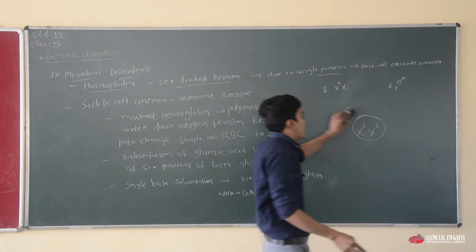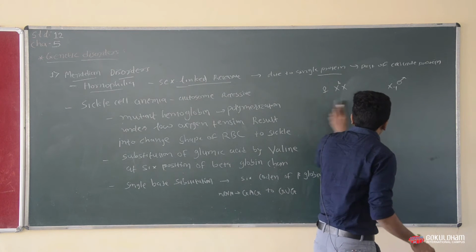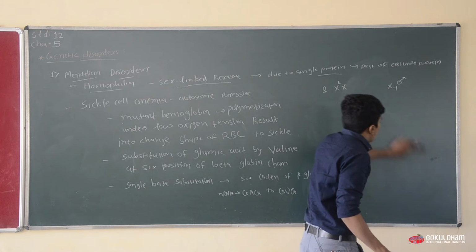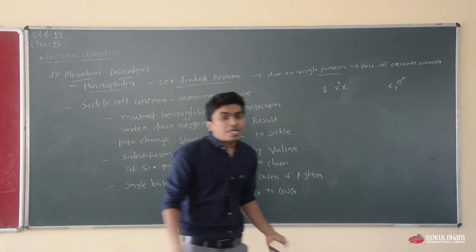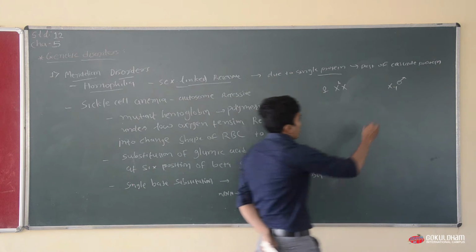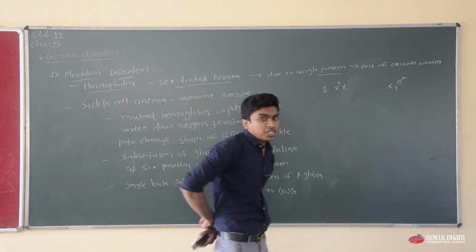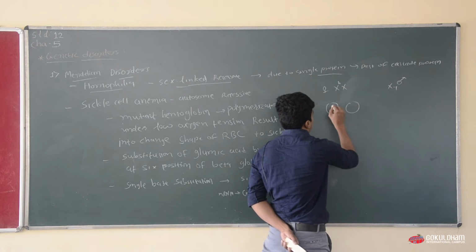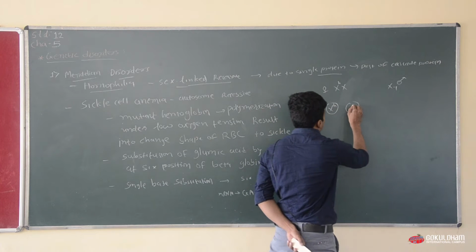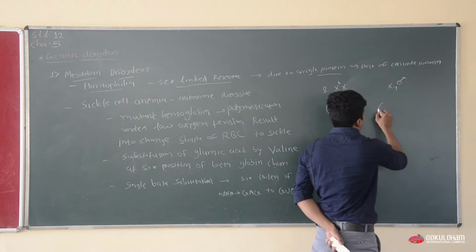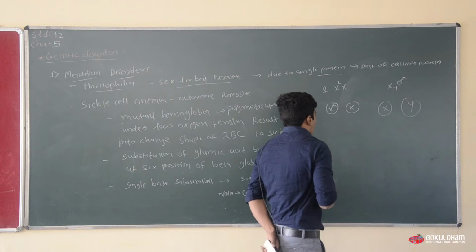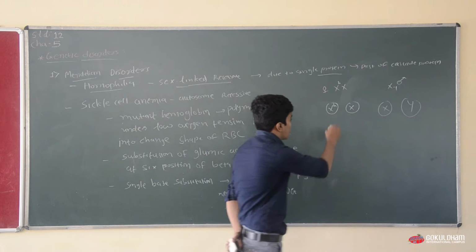Let's take one example. The female is a carrier of hemophilia and the male is normal. Here two kinds of gametes will form.